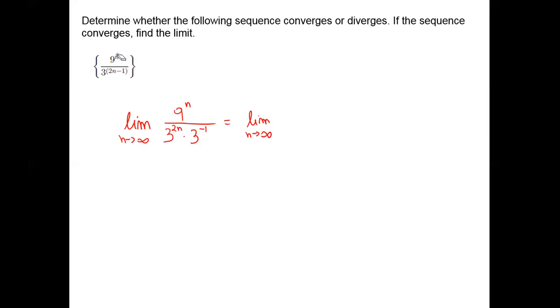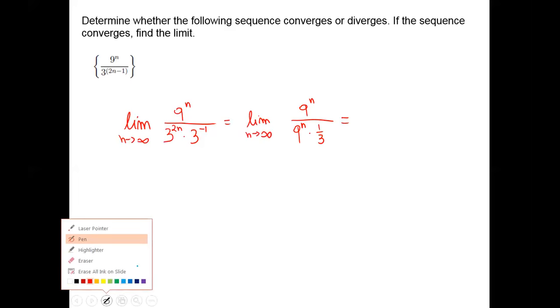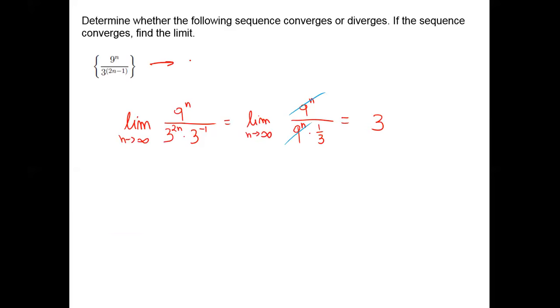So we have the form infinity over infinity. We may apply L'Hopital's rule, or we can simply simplify first. 9 to the n, and then 3 to the power of 2 is 9, to the n, and 3 to the negative 1 is 1/3. We can nicely see we have the same exponential function, which we can cancel out, and 1 over 1/3 is 3. That means this sequence converges to 3.